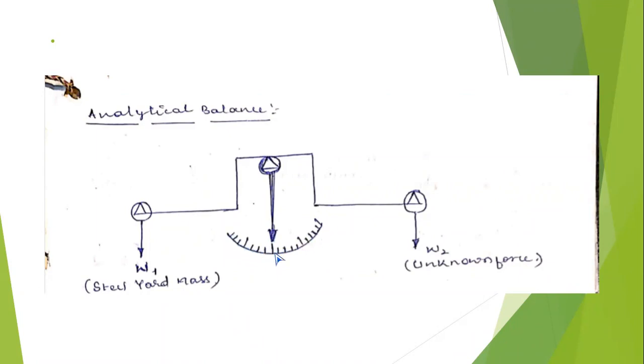If the dial reads 0, the weight of the unknown magnitude W2 equals W1. This is the explanation for the analytical balance. At this stage, I stop here. Next class, I will continue.